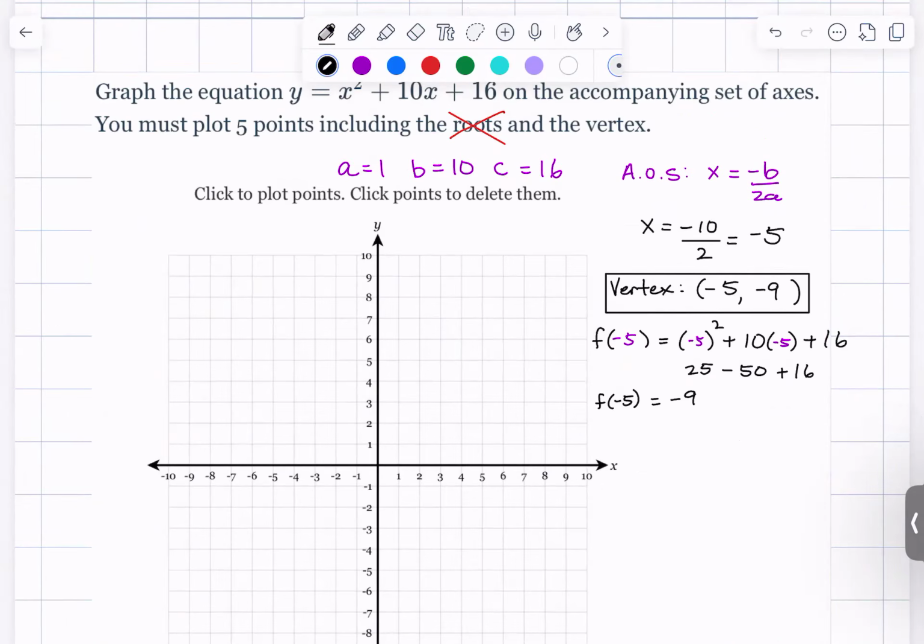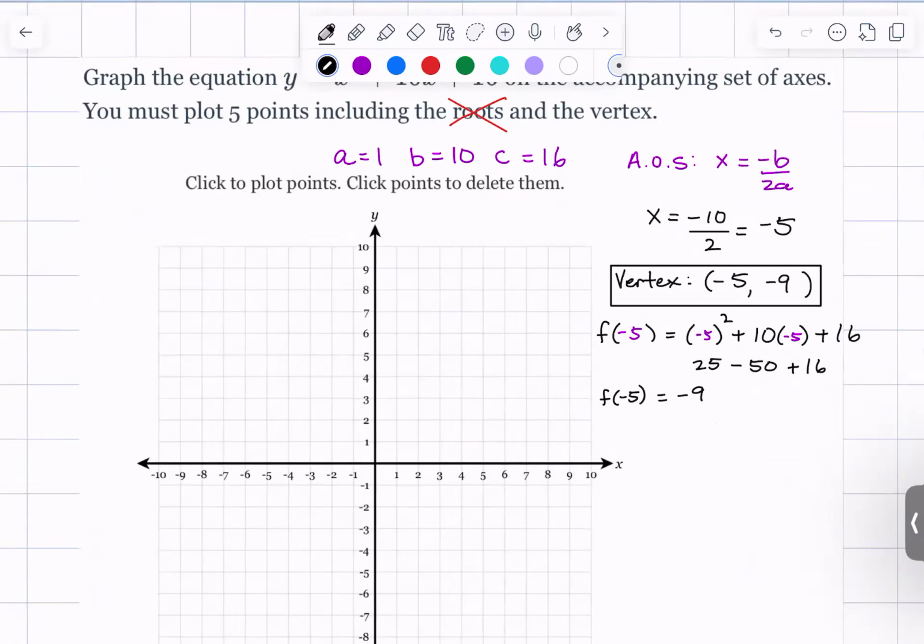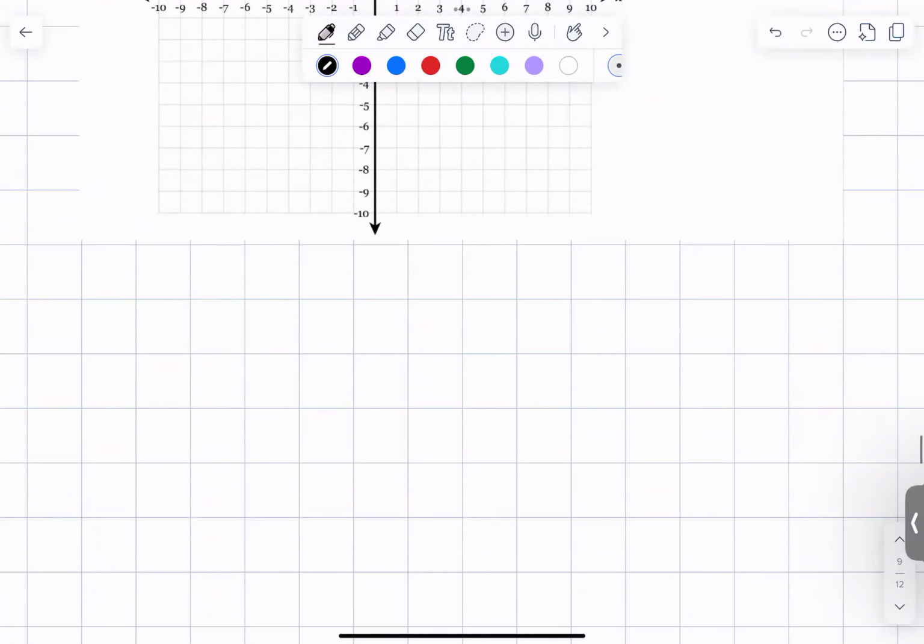Okay. Once we get our vertex, we can graph this using transformations or algebra. I'm going to show you both in this example, okay? So first, using algebra.